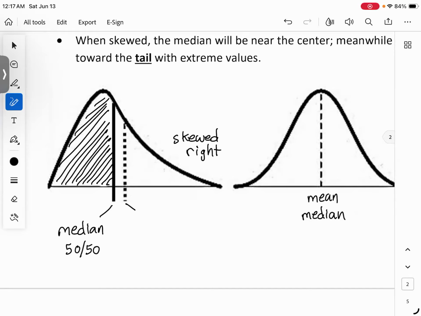And then this other dashed line is going to be about where the mean is, pulled a little bit to the right. And that's because there are these really high, extreme, rare values that are going to cause that calculation to get higher than the median. Those are the two that they're going to ask you for.